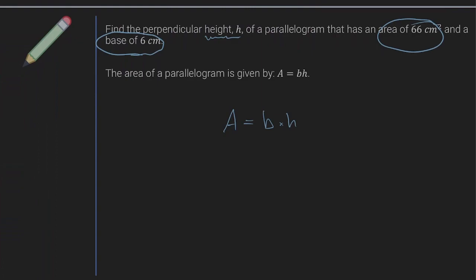So we're going to substitute in our values first. 6 times h. We have now created an equation for ourselves to solve. This is quite an easy one to solve. I expect we can all do this by now. And we get h equals 11 centimeters.